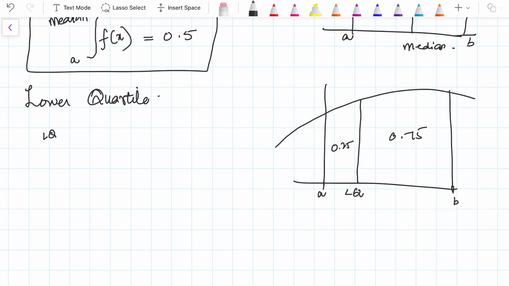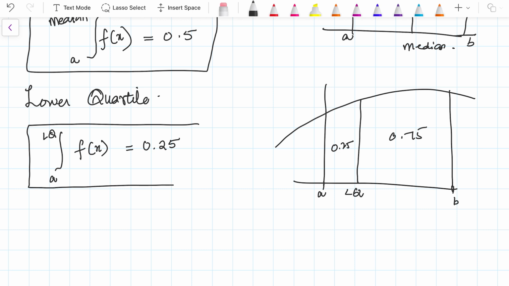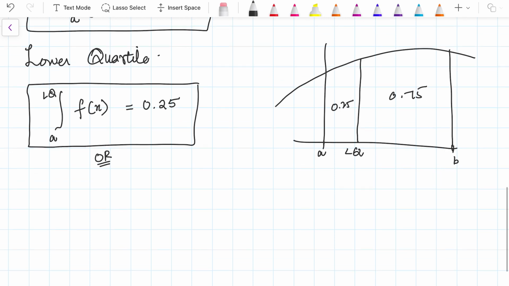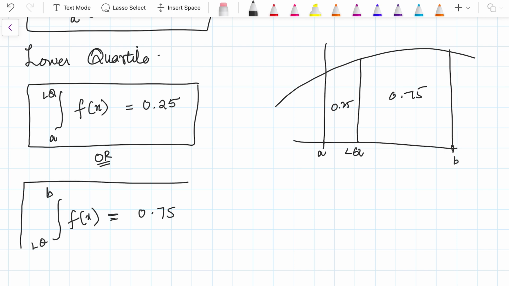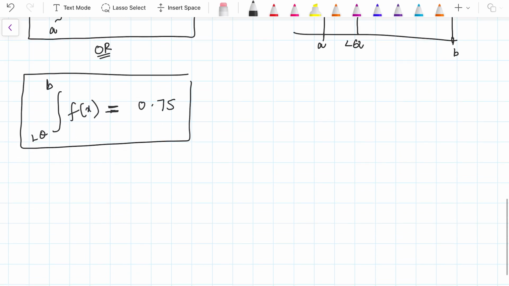If lower quartile is my upper limit, A is my initial limit, when you integrate the function, the probability is 0.25. Or when you keep B as my final limit and lower quartile as my initial limit, the area for that is going to be 0.75. So we use the first, but sometimes the question might require you to use the second one as well. So you should have this concept.